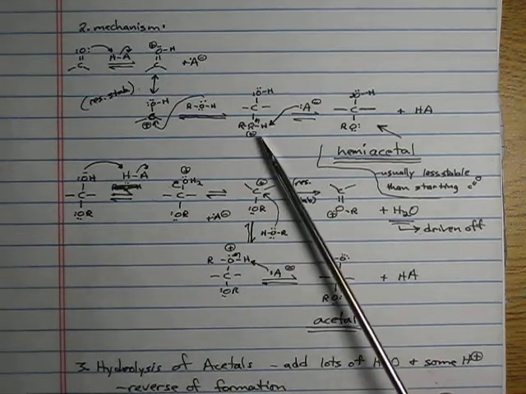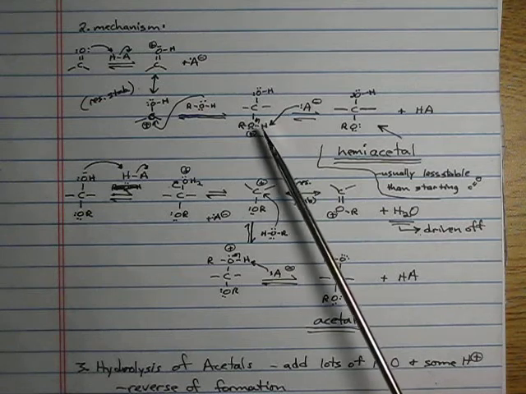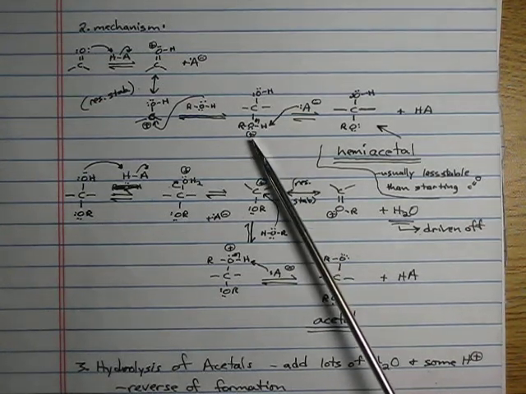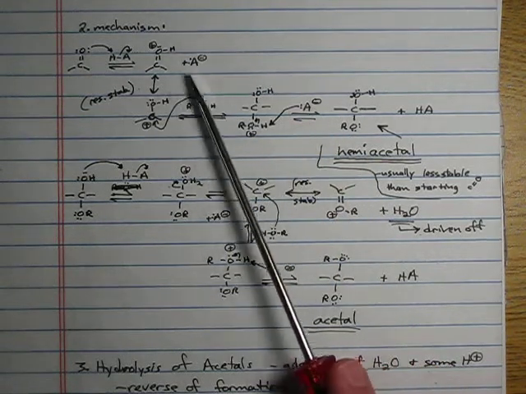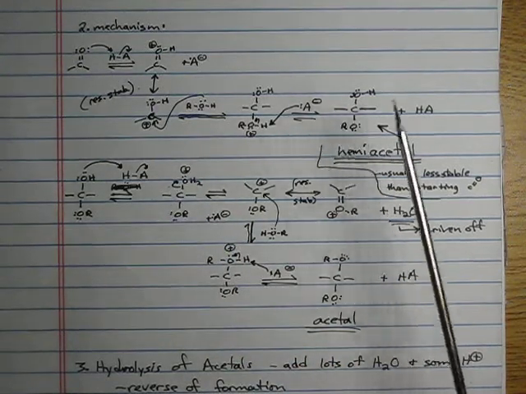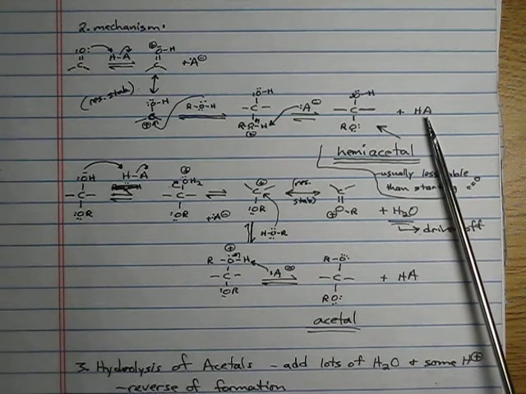And recall from forever, every time you have a reaction where your product has an oxygen or nitrogen with a hydrogen on it and also has positive charge, you get a deprotonation reaction. In this case, A minus, the conjugate base of our strong acid, is going to come in and deprotonate, which means we get our acid back again.